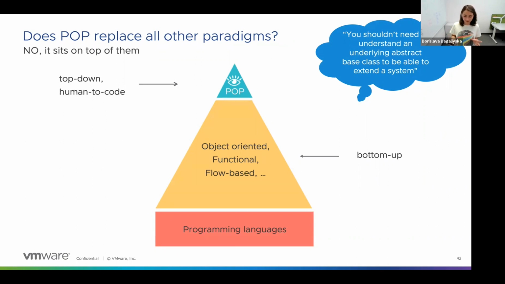So you have the other paradigms which are closer to the languages, to the maths, to the machines, and they have these lower layer abstractions. And POP gives you one layer of abstraction more, so it's closer to how humans think, how humans process, and it's more intuitive to program.